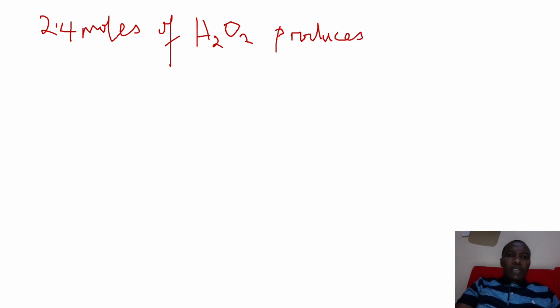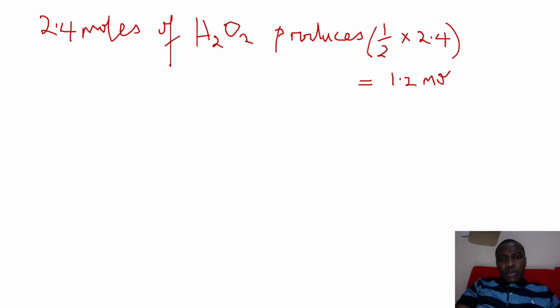It will produce a half out of 1 times 2.4. Of course, this gives us 1.2 moles of oxygen. So we have that.